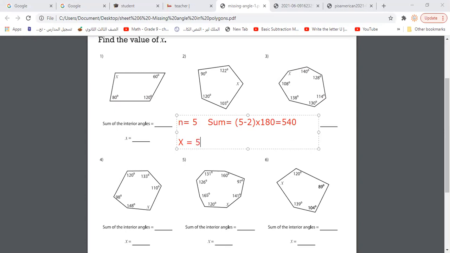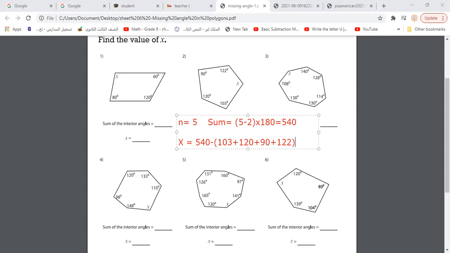It will be 540 minus, and then open parentheses and put all the angles: 103 plus 120 plus 90 plus 122. Exactly.